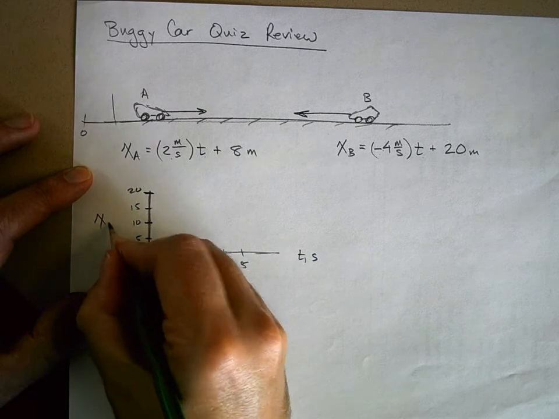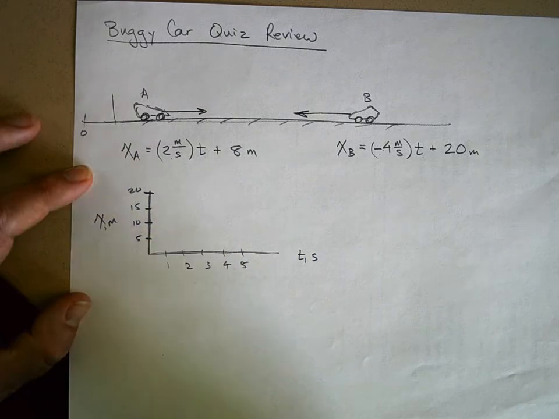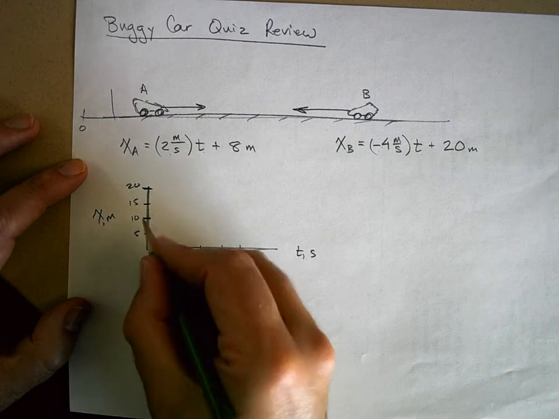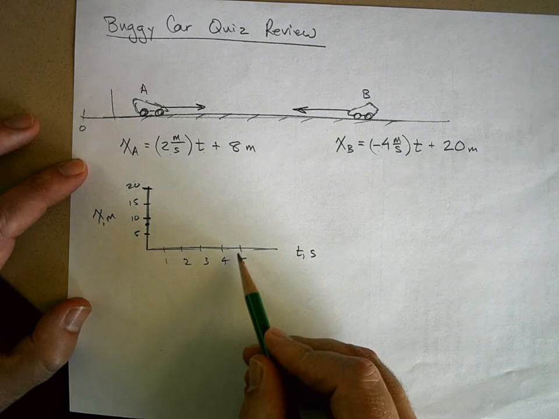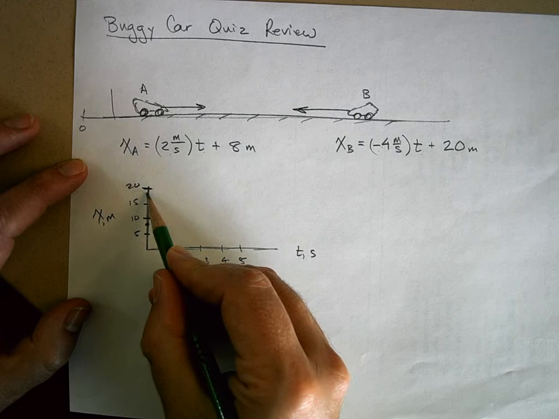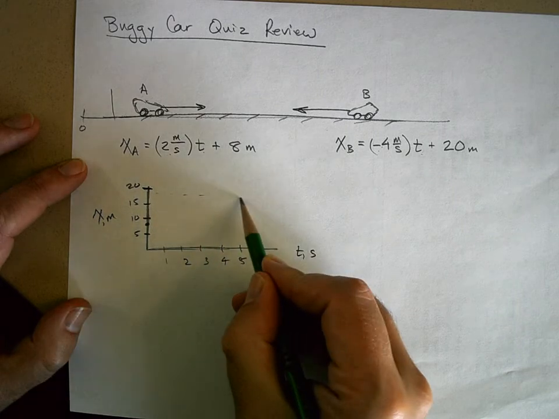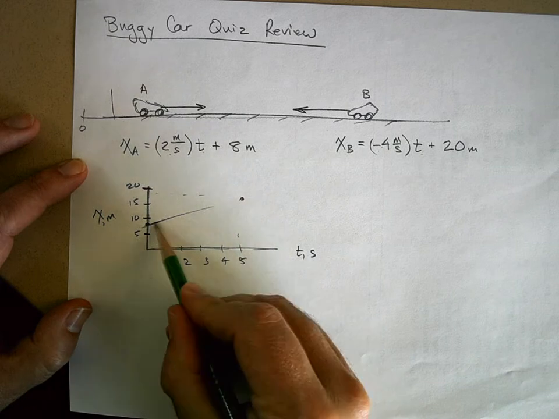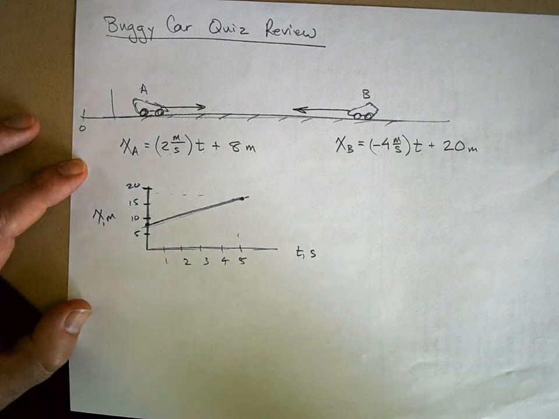So this will be position in meters. Okay. And so if I draw car A, well, it starts at 8, which I'm going to put right there. And then at 5 seconds, it's going to be at 18. So that's right about in there. So I can cheat a little bit and just draw a straight line like that. And there's the graph for car A.